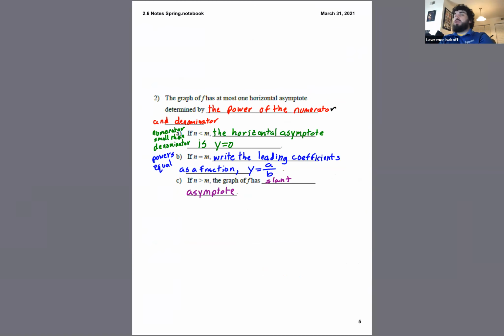So if they're both x squareds, again, I talked about that yesterday. Like if I have 2x squared over 3x squared, well, the 2 over 3 is what it would end up reducing to. So it's just going to end up being 2/3.